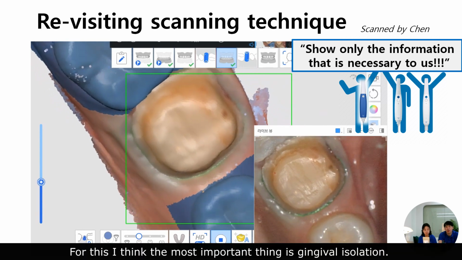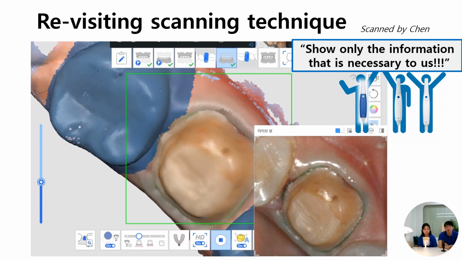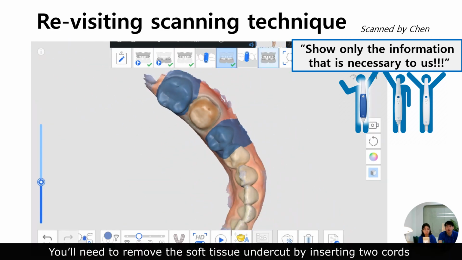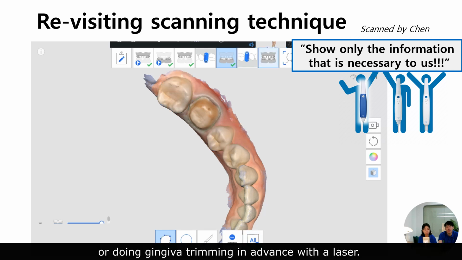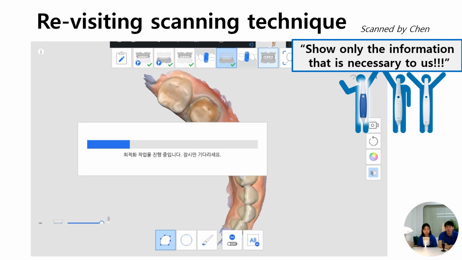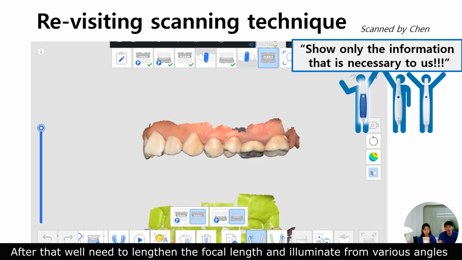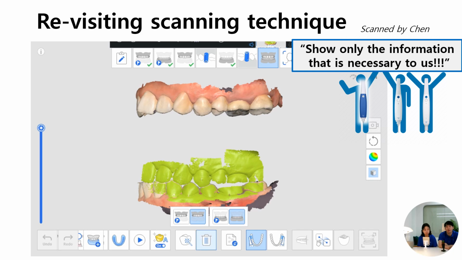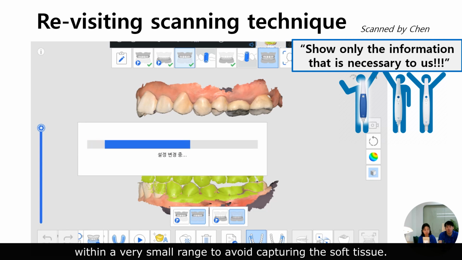For this, I think the most important thing is gingival isolation. You will need to remove the soft tissue undercut by inserting two cords or doing gingival trimming in advance with a razor. After that, we'll need to lengthen the focal length and illuminate from various angles, but carefully change the angle within a very small range to avoid capturing the soft tissue.